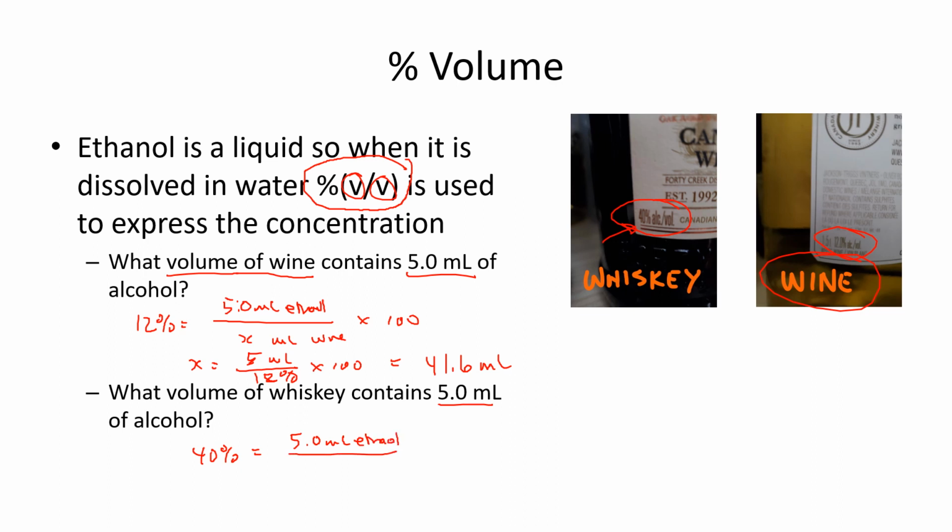And this time we want to know the volume of the whiskey times 100. So we're going to rearrange the same way, where that volume equals 5 milliliters all over 40% times 100 equals, so 5 divided by 40 times 100 equals, and you can see it's a lot less in order to get 5 milliliters of the alcohol.